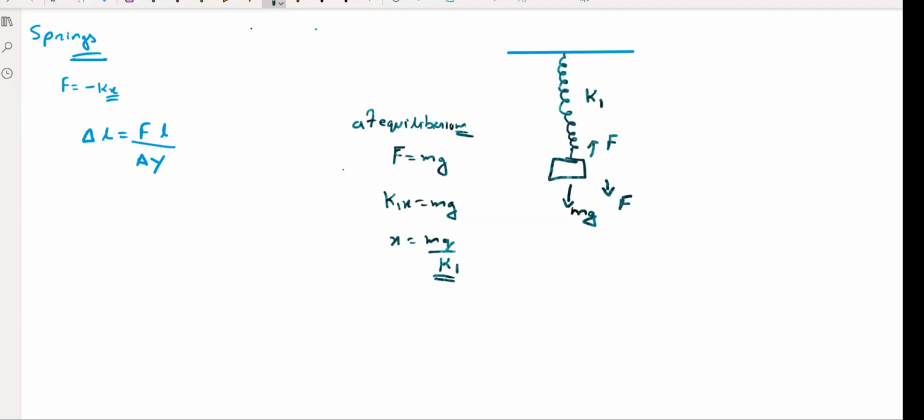If I ask you, okay, by how much now? By how much will it increase? Tell me. How will you know by how much the length will increase?